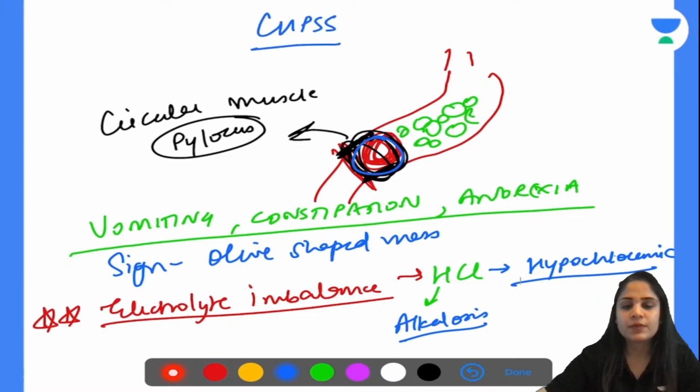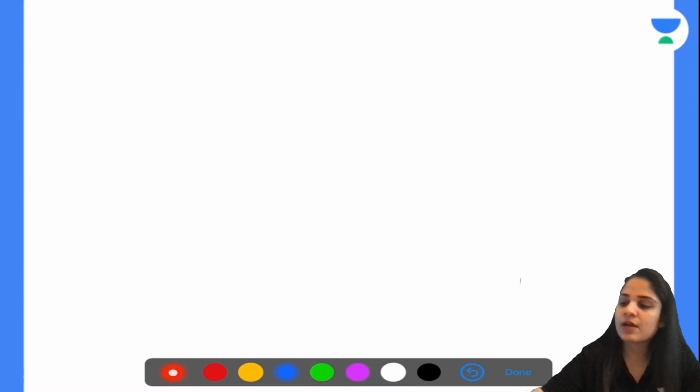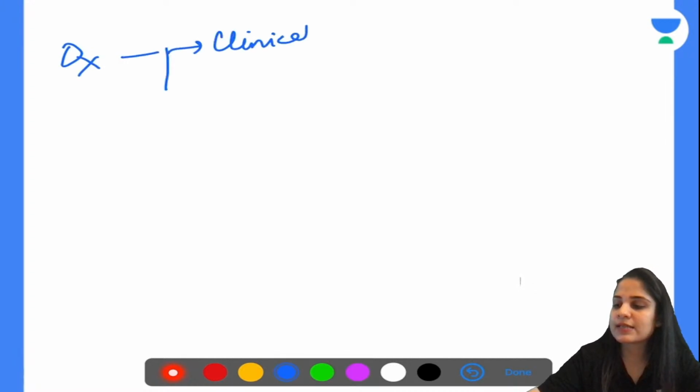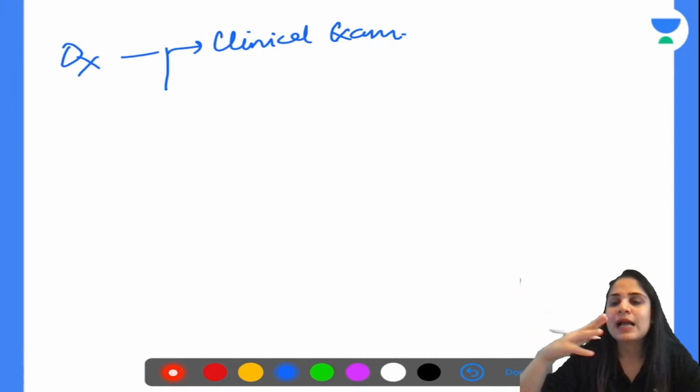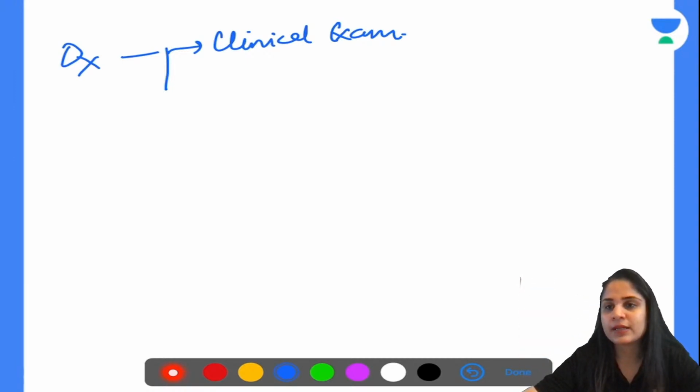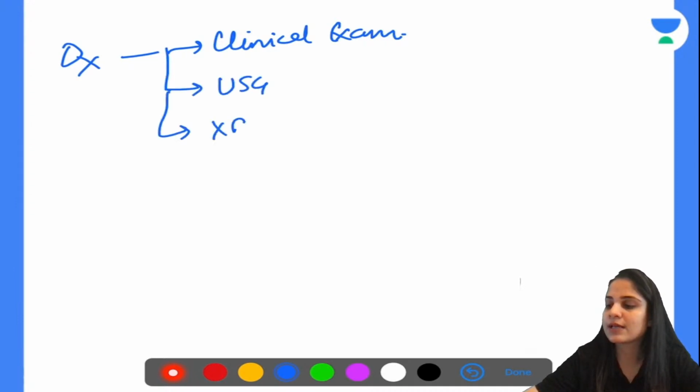All right, now the next question that they ask in the exam is how do you diagnose? So the diagnosis, one obviously is by clinical examination. You see a small child, constipation, vomiting, and having olive-shaped mass, automatically you can come up with the diagnosis of CHPSS. The second thing that you can do is an ultrasound, and the third thing you can do is an X-ray. Okay. So in an X-ray, what do you get?